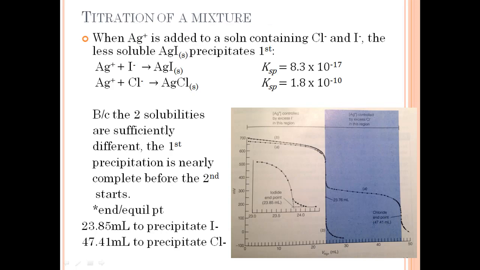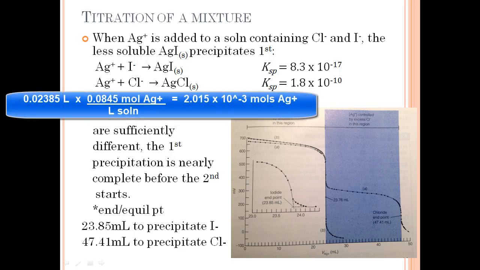So we know where the first endpoint is. The first endpoint is at 23.85. We know that everything here is 1-to-1. So for example, 1 mole of iodide is going to consume 1 mole of silver ion. And the moles of Ag+ that were delivered at the first titration point would have been 0.0845, which is the molarity of the Ag+, times how much volume it took to get to that endpoint.